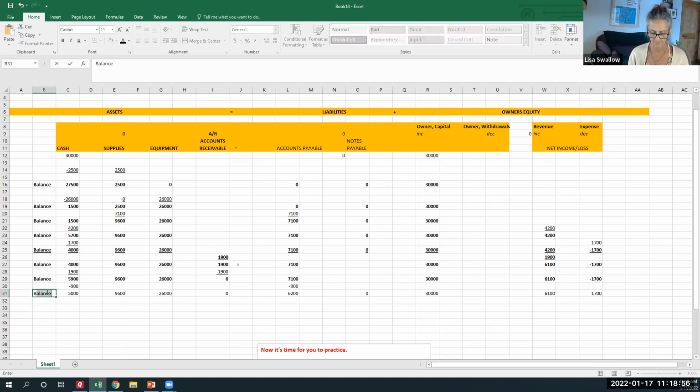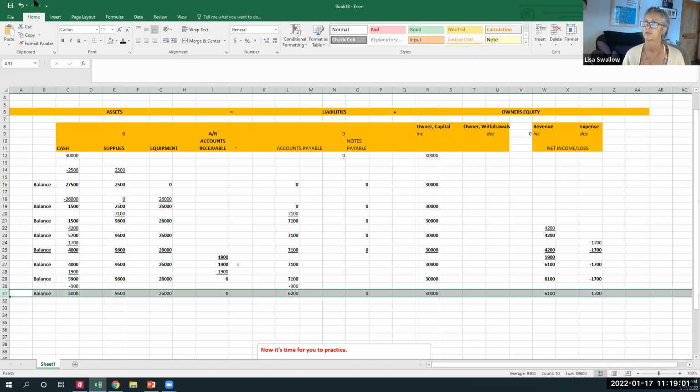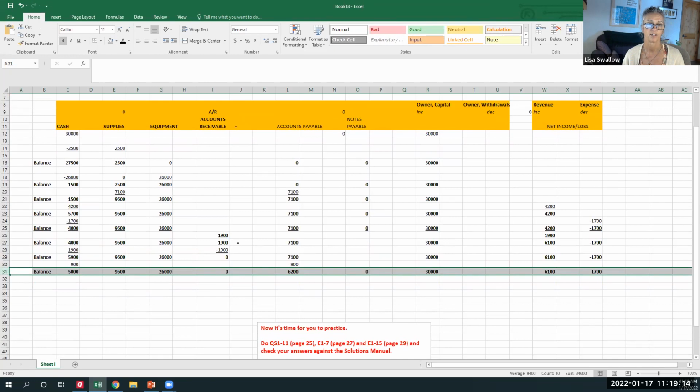And voila, we are still in balance. Run a calculator over both sides, do all your assets, equal liabilities plus owner's equity. And the answer is yes. Final transaction.